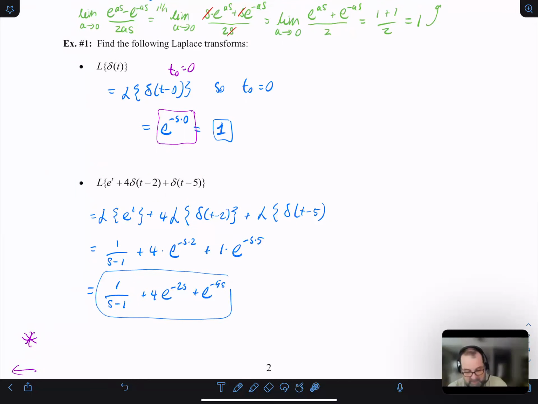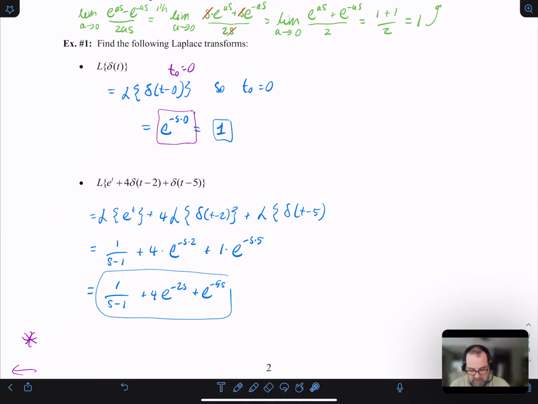Again, linearity of Laplace transform, we can take the Laplace transform term by term. We can move the constants outside. The Laplace transform of e to the t. Well, this is not Dirac delta. This is just from our Laplace table number 11, I believe. Then 4 times this guy here. Well, this is t0 is 2.